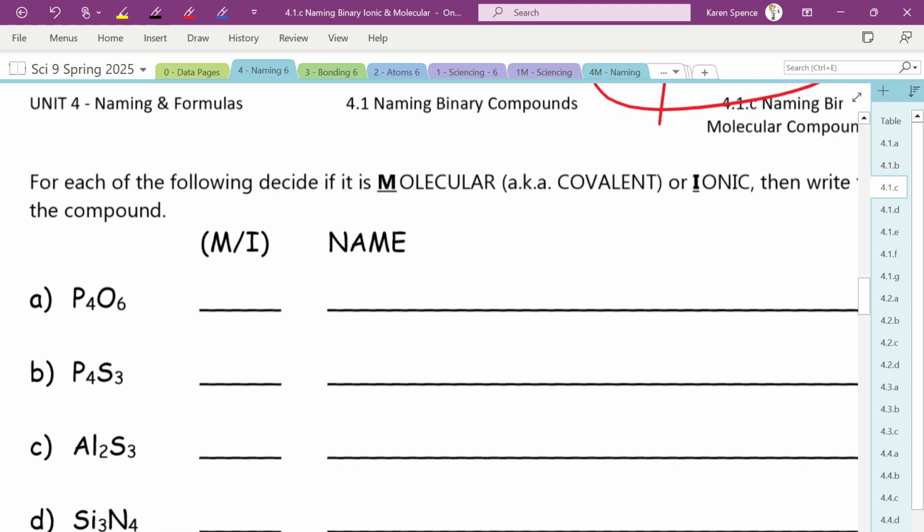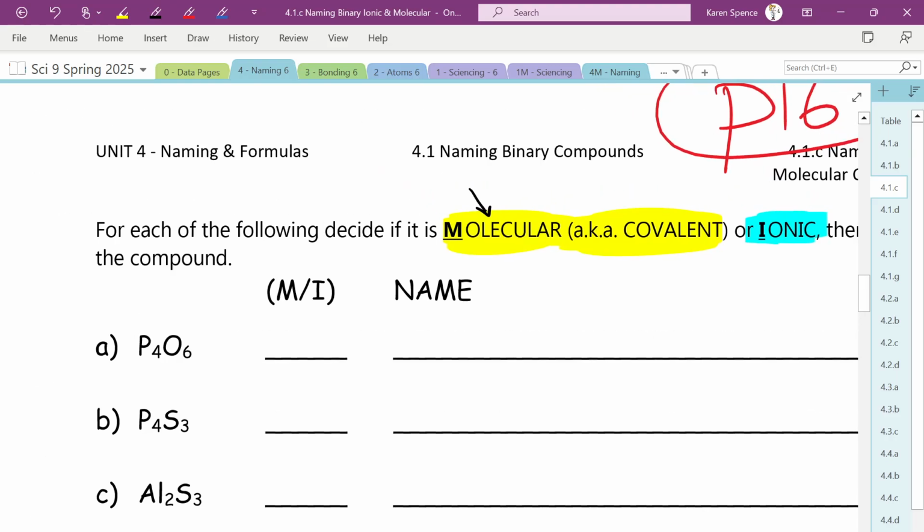Some of these compounds are molecular or covalent. Some of them are ionic. So what you're going to do is remember, how do I tell if it is molecular or covalent? That's going to be a non-metal plus a non-metal.